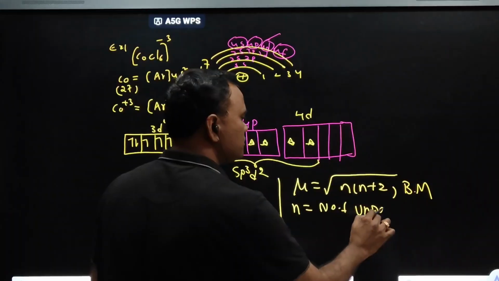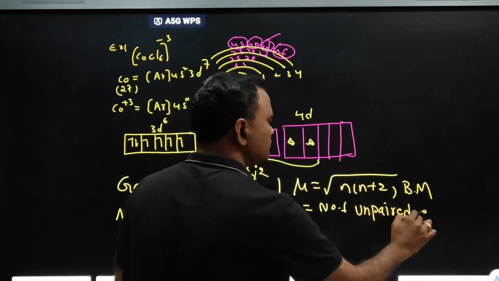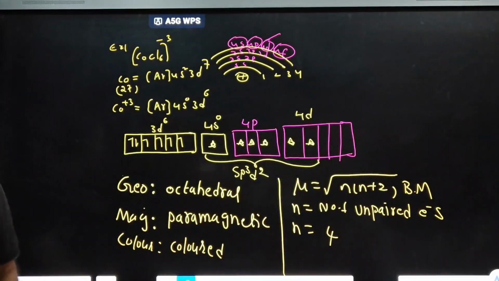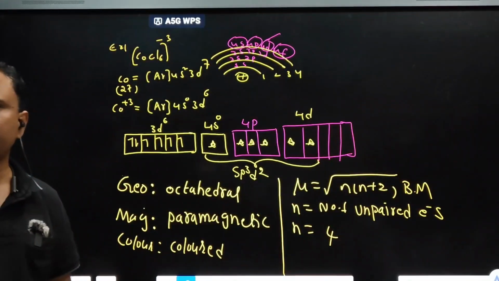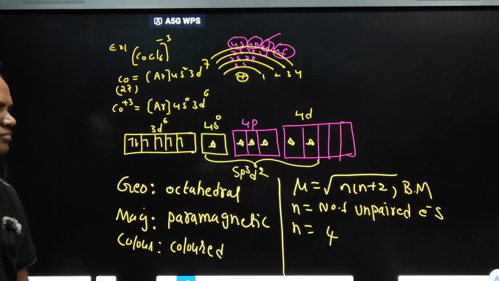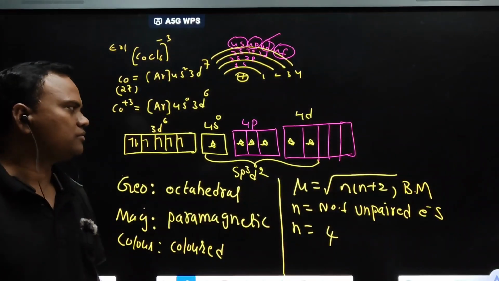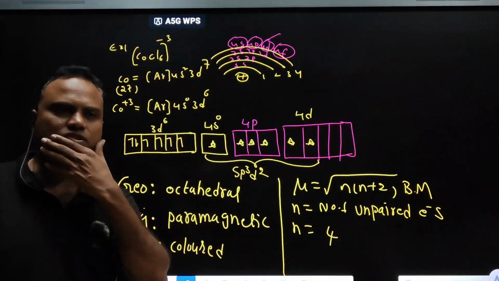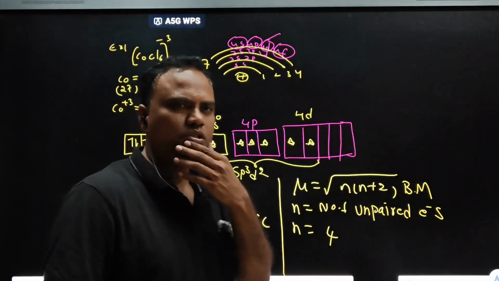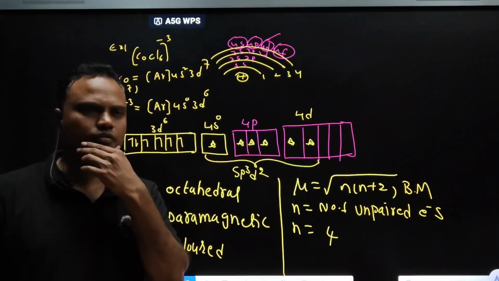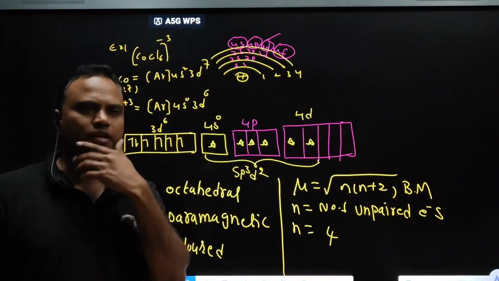So 4 into 4 plus 2. 4 plus 2 is 6. 6 into 4, 24. Root 24 is approximately 4.8.